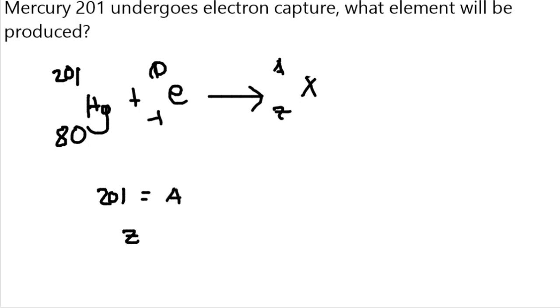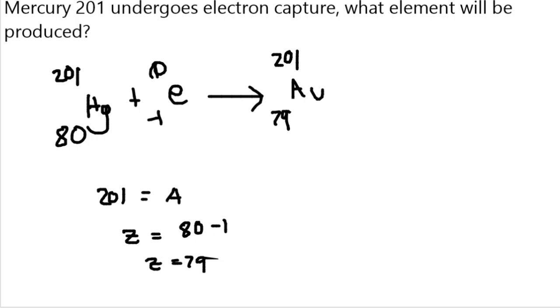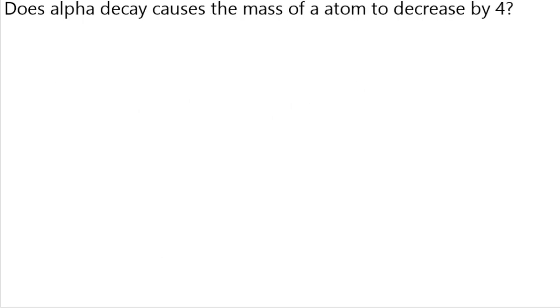You can solve the value of A and the value of Z. So Z is going to be 80 minus 1. That's going to be 79. And now we're going to look for the atomic number 79 in our periodic table. So that's going to be gold. So this is gold 201. Also, this type of decay will produce a gamma ray.